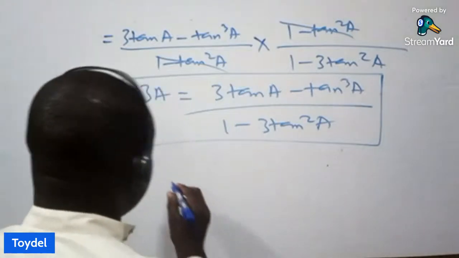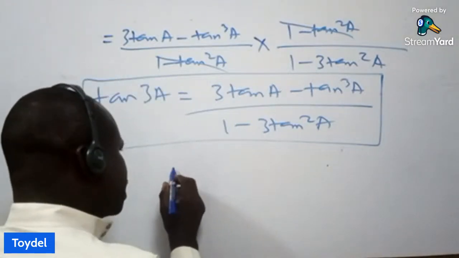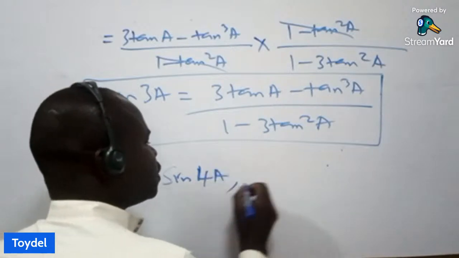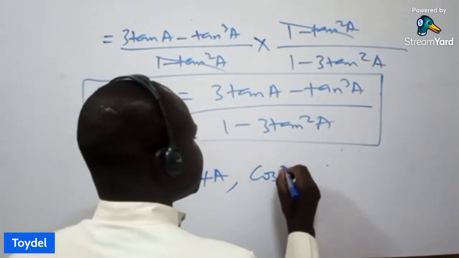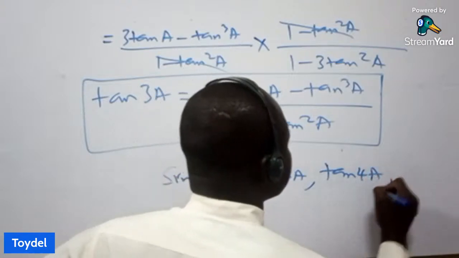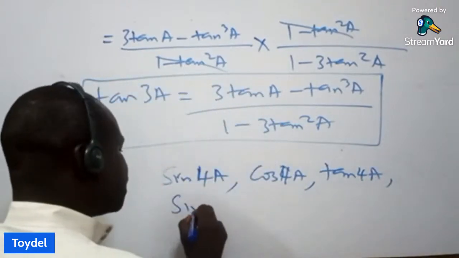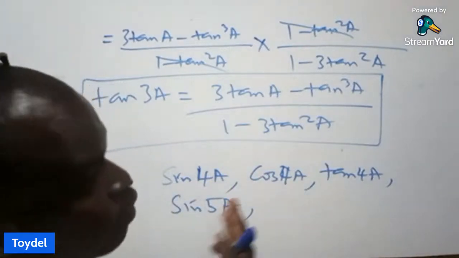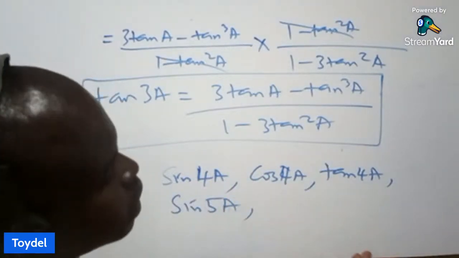And please note, we can also generate expressions for sine 4a, cos 4a, tan 4a, and even sine 5a, and in that order. So the general concept here is called the multiple angle formula.